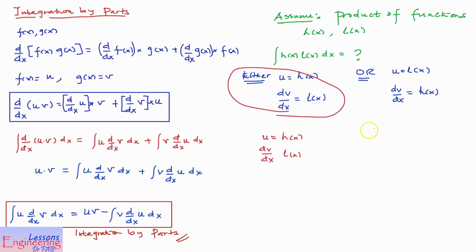If you look at each of the entries, u is assumed and dv by dx is also assumed to be L of x. The rest to find: u is the same u, v is not yet addressed, and du by dx is also not yet addressed.